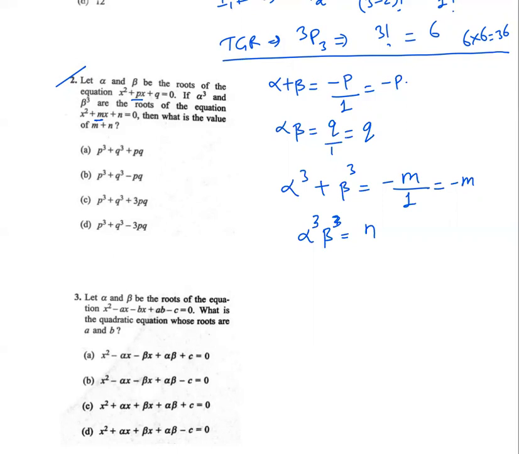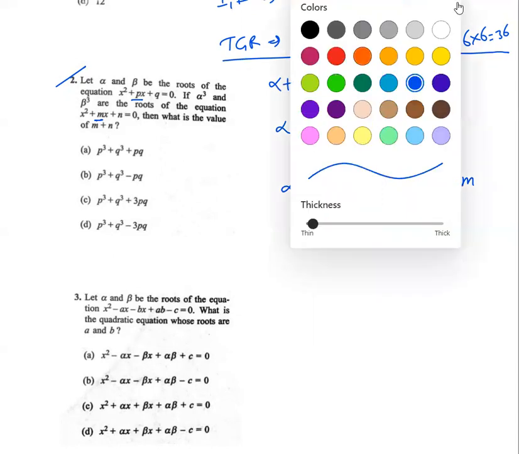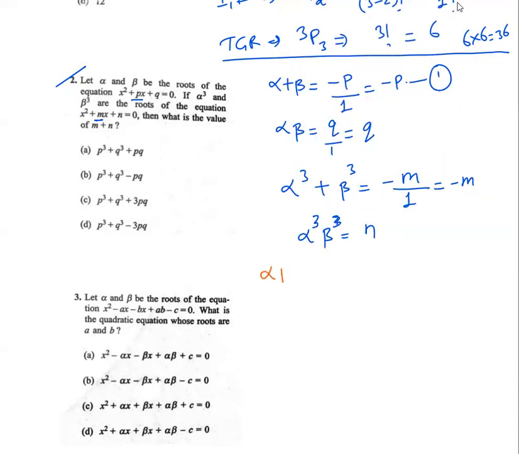From equation 1, I can say alpha plus beta whole cube will be equal to negative p whole cube. Alpha plus beta whole cube is alpha cube plus beta cube plus 3 alpha beta into alpha plus beta.